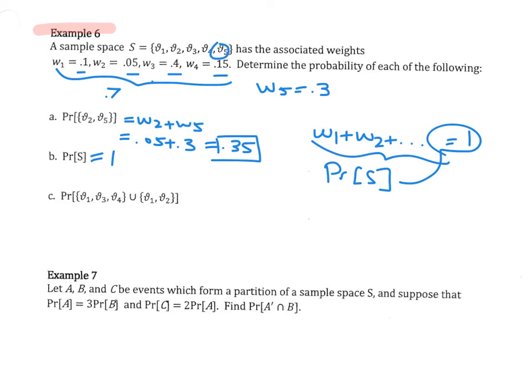Part C, probability of W1, W3, W4 or W1, W2. Now, I want to again remind you of this formula we used earlier. This is going to be the probability of the first one plus the second one minus the overlap. So what that looks like is W1, W3, and W4 is going to be 0.1 plus 0.4 plus, let's see, W1, W5. That's the first group.